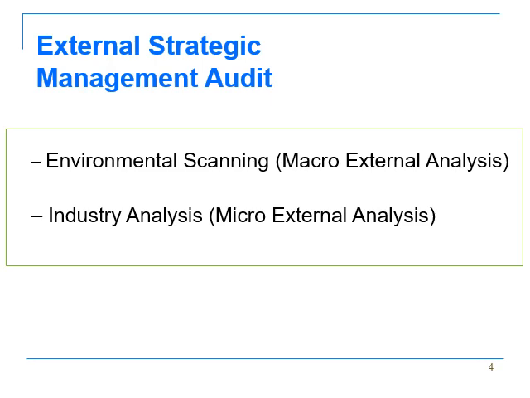The first part is the environmental scanning. Environmental scanning has another name, which is macro external analysis. This macro external analysis is going to cover the PESTEL-D, which I have discussed with you earlier in a previous class.